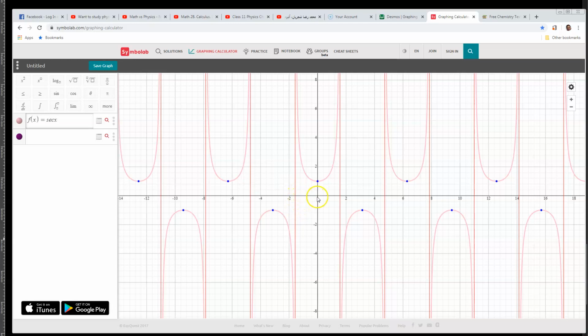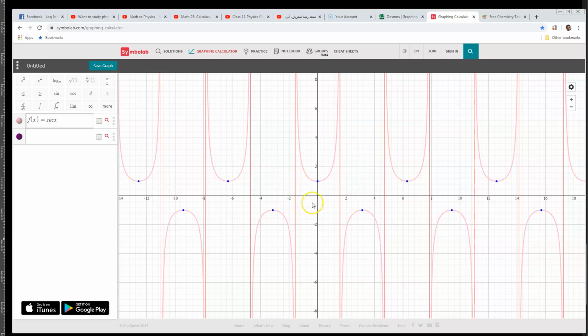Or you can go 0 to pi, which is what we have taken, and then take the pi by 2 out. You can go from pi to 2 pi and take the 3 pi by 2 out, and so on and so forth.